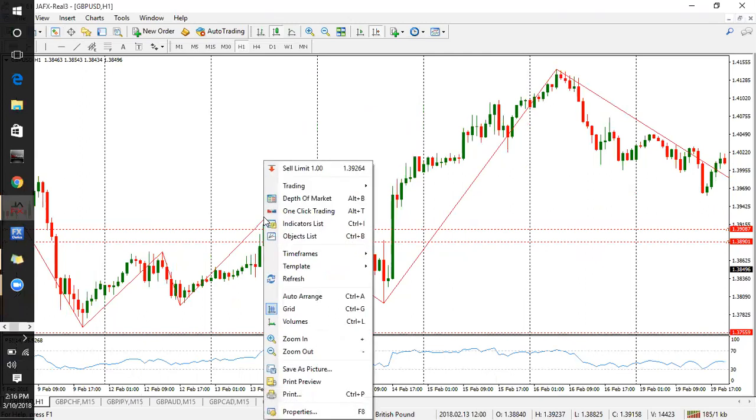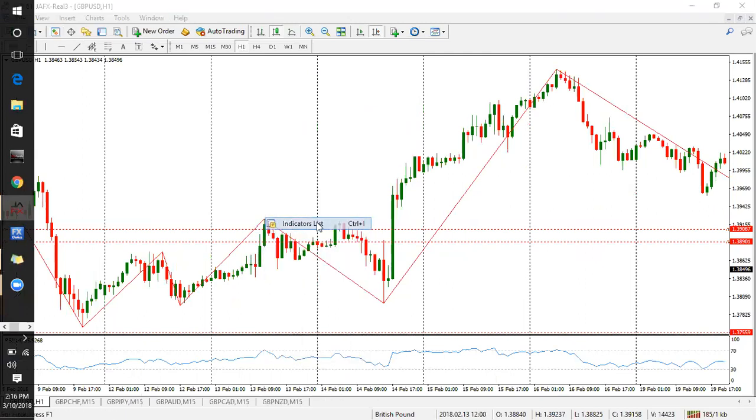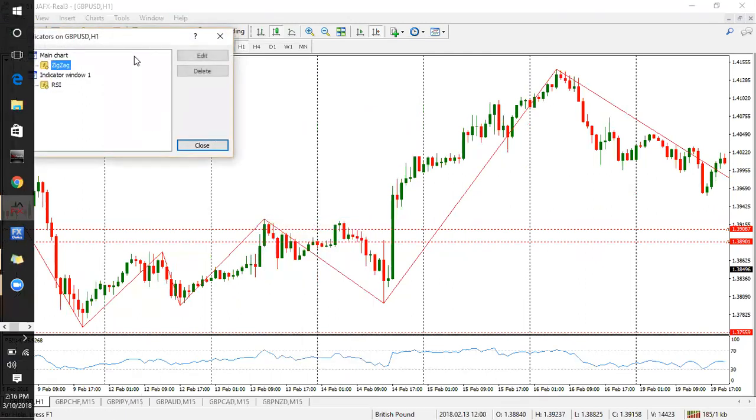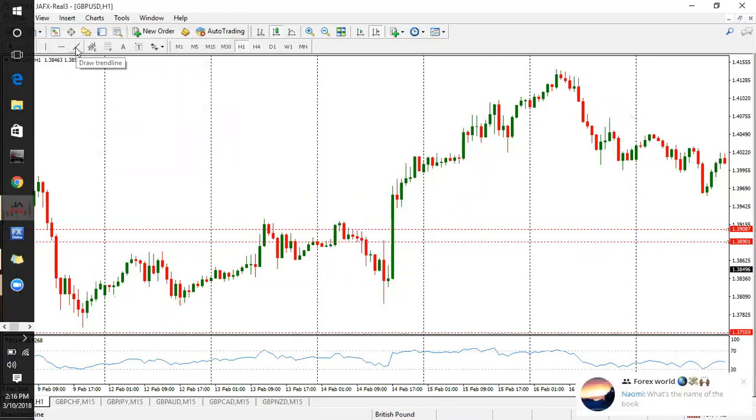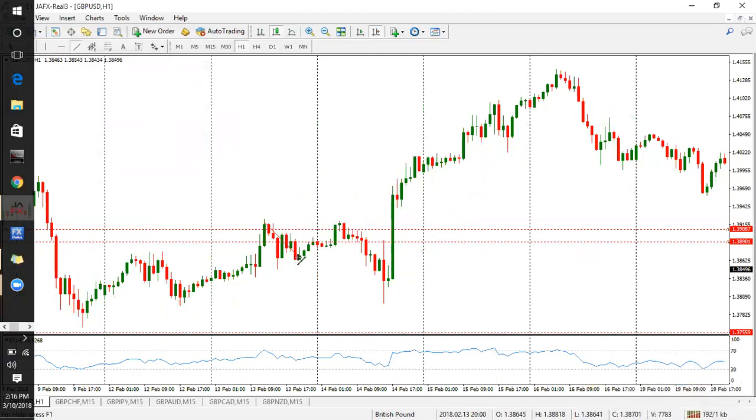First, let me remove this zigzag stuff you're seeing on my chart. This is the default zigzag. Since this is the chart, I connect it myself.